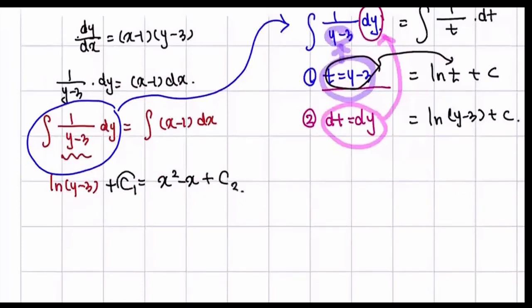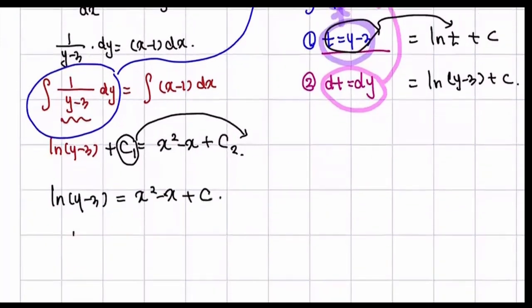Okay. Even if these constants are subtracted, it is just c because this constant is undecided. So ln of y minus 3 equals x squared over 2 minus x, plus c.